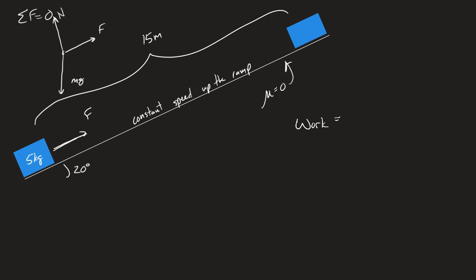I asked for how much work was done by the applied force. Well, that's this one. Pretty sure that force has to be at least mg sine theta. That's the only way the object moves at constant velocity, if those two are balanced. So, my constant force times the displacement times the cosine theta.